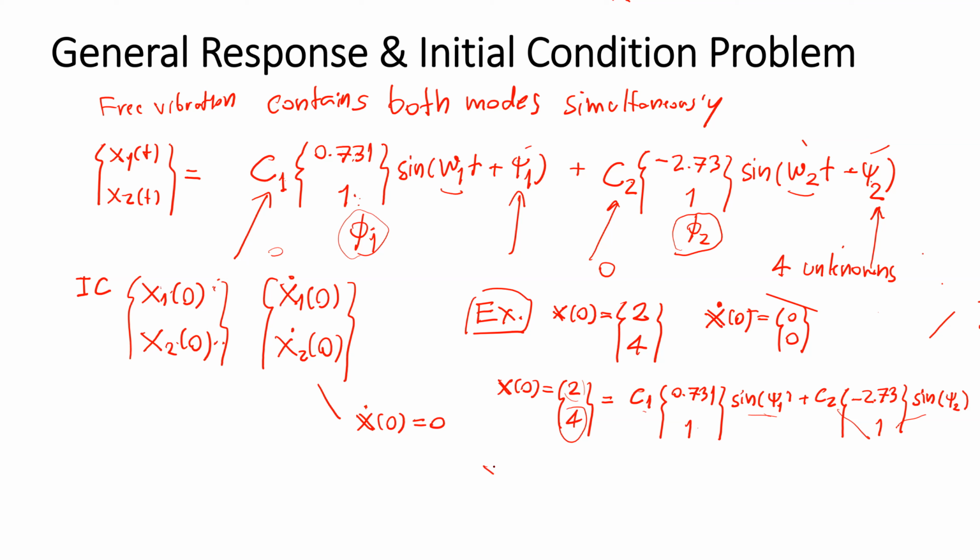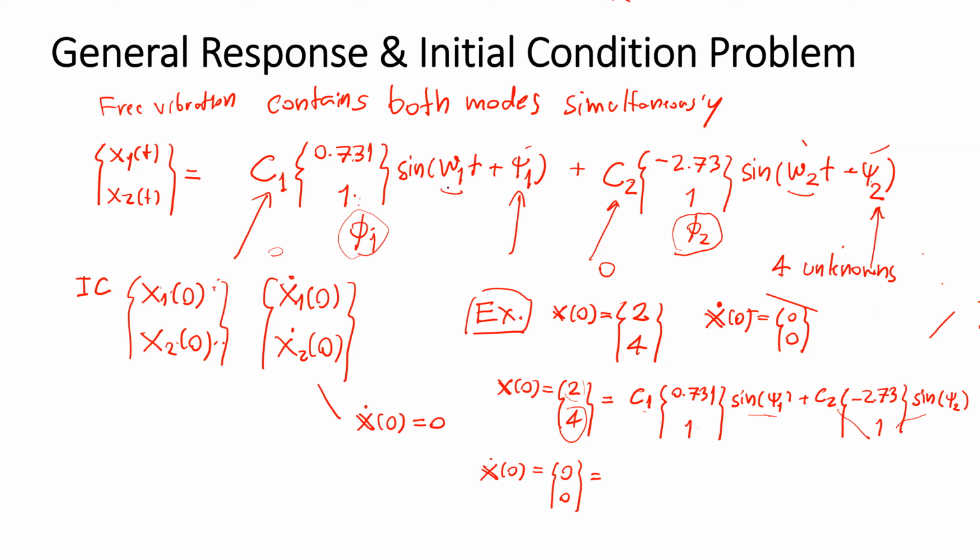To use the initial velocity, the idea is we need to obtain the first time derivative of this equation. But the first time derivative of this equation is not that complicated.